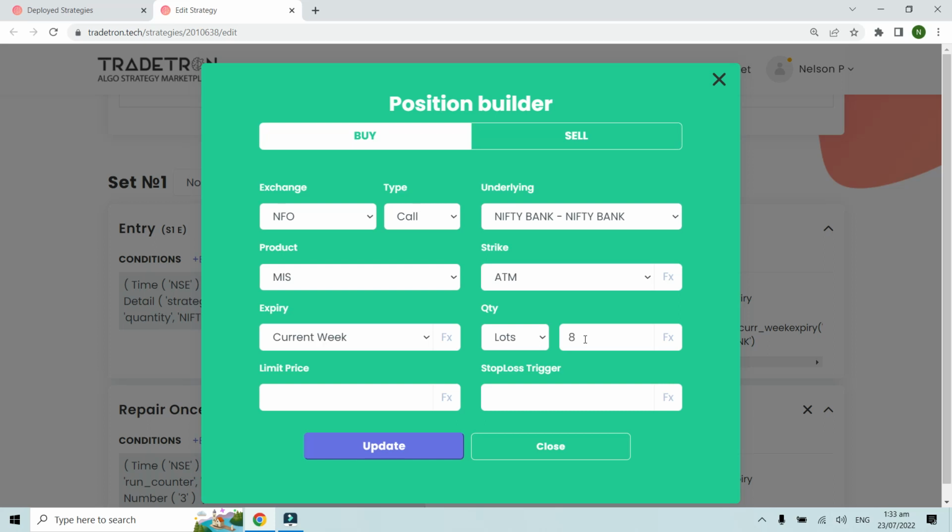So it can give you problems. If you have 8 lots, 25% of that comes to just 2 lots, which is a rounded figure. That will help you to dice the quantity at a later stage. So over here we are initially taking a position of 8 lots.